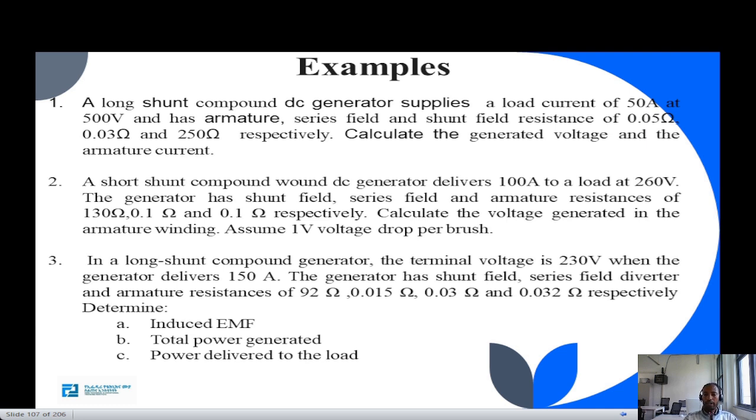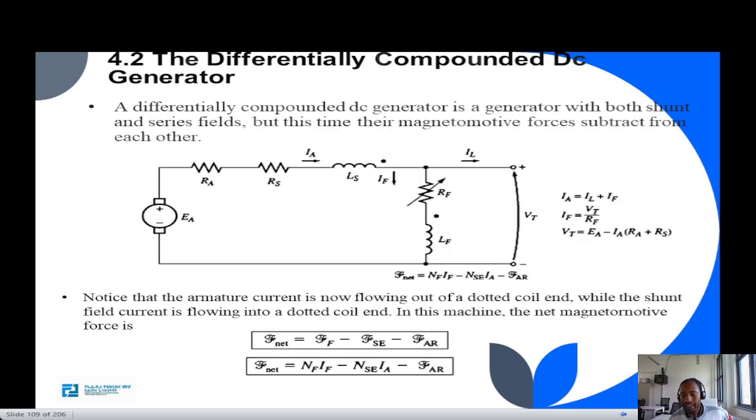Therefore we can calculate such parameters if we are asked about a compound DC generator. That is what I have on the DC compound generator. And the other point remaining under this is the differential compound DC generator, which I touched on previously. What makes it differential?